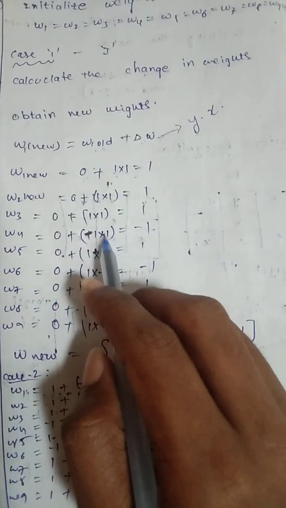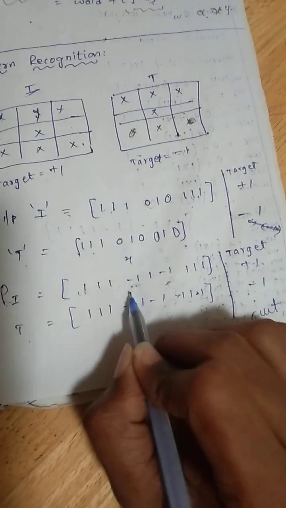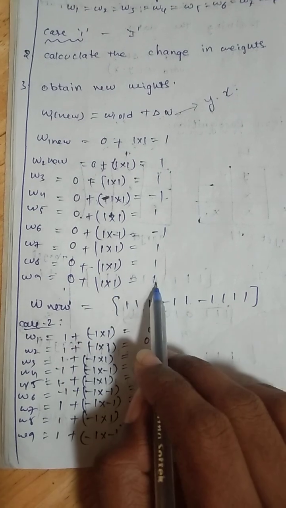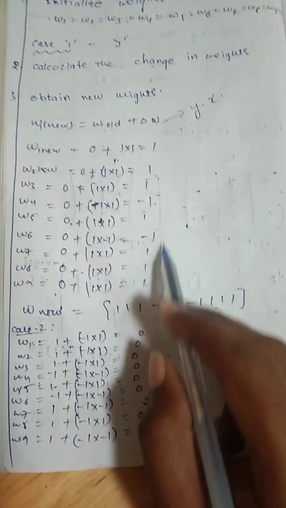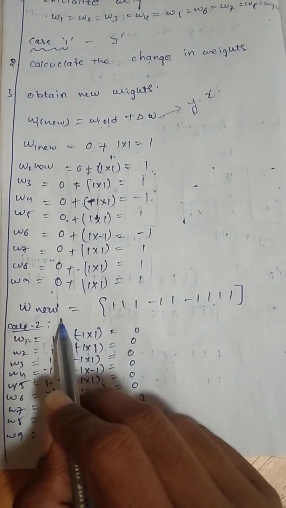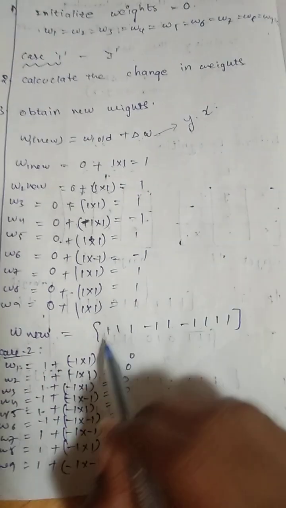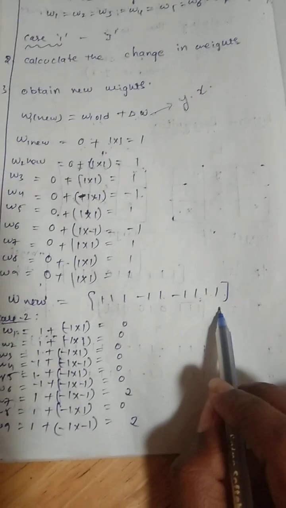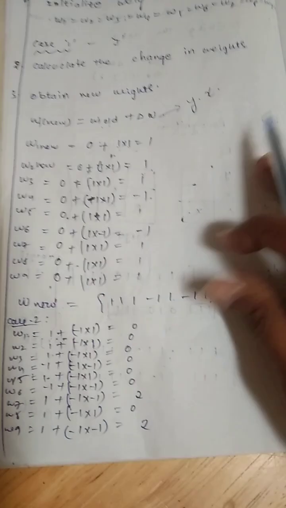Here -1 into 1, 1 into -1, and so on up to w9 we have to find this value. After completion we get the new values w1 to w9, and we have to arrange them in matrix form. This is case 1.